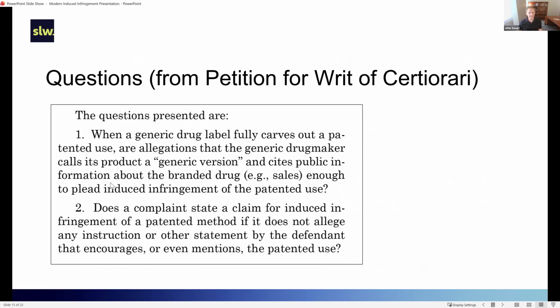So, kind of an interesting case, an interesting setup here, but very similar in all other respects to the case at hand in GSK.